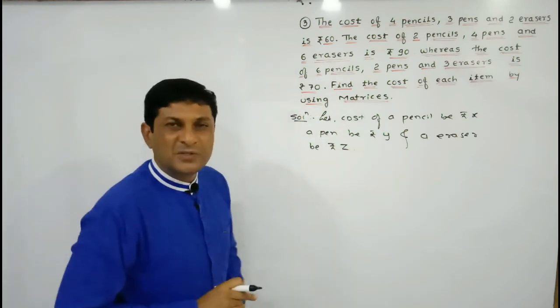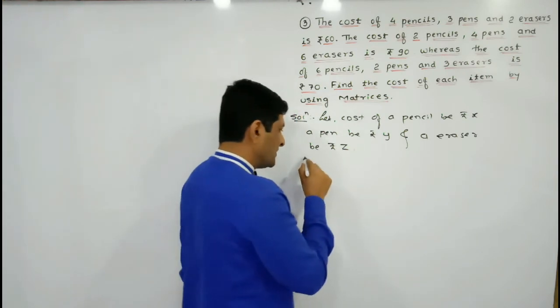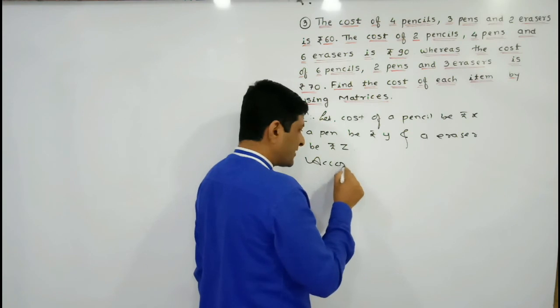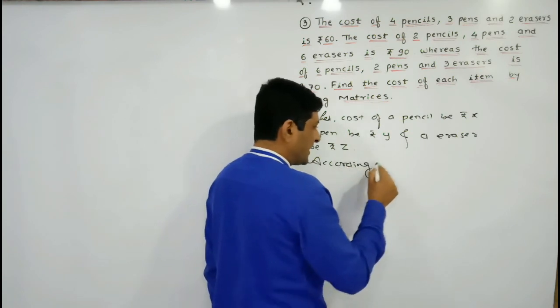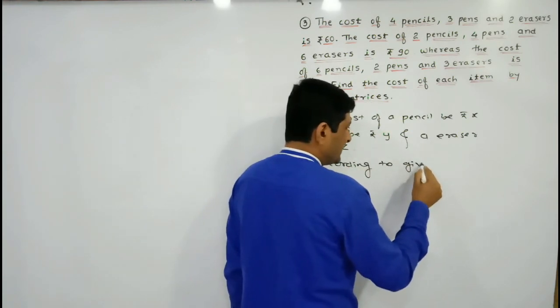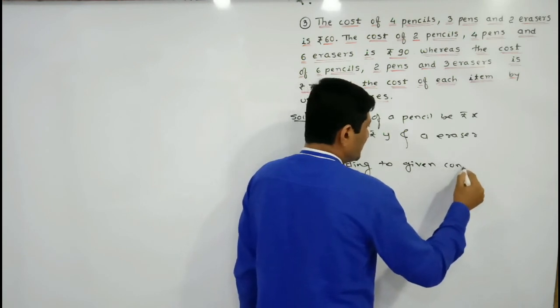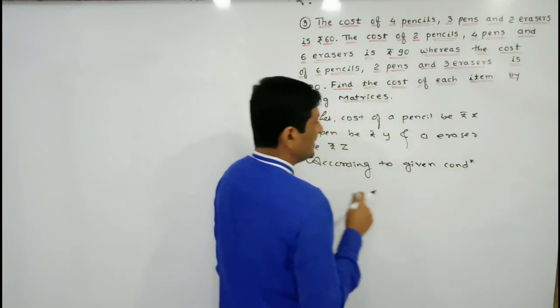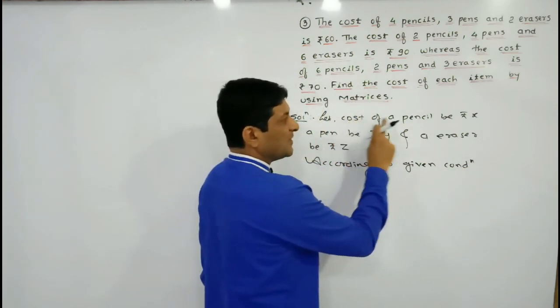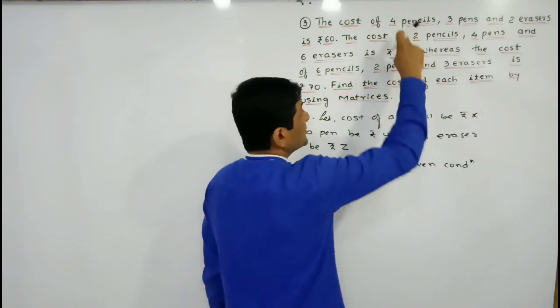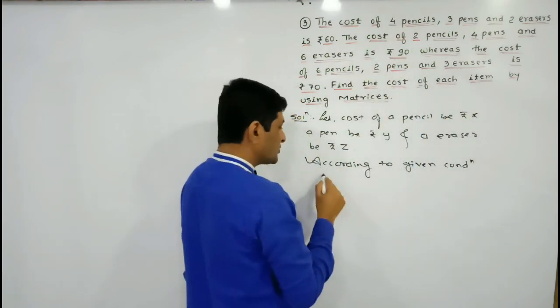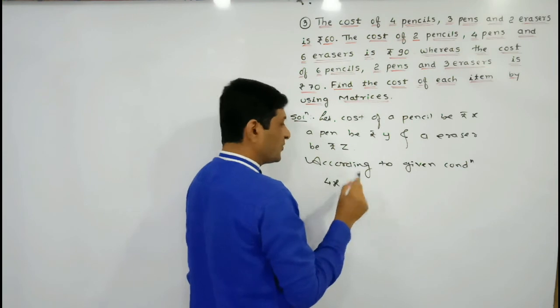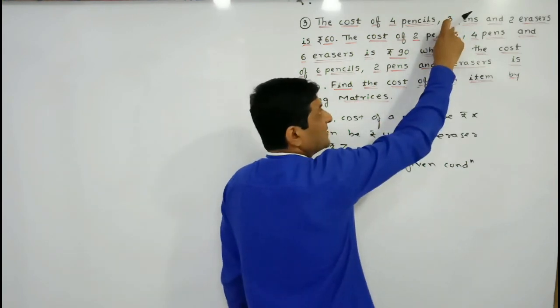So now we are using the given conditions. Let us see what equations we will get according to the given conditions. We have denoted the cost of a pencil by rupees x. So how many pencils are there? 4. So the cost of 4 pencils will be 4x. How many pens are there? 3.